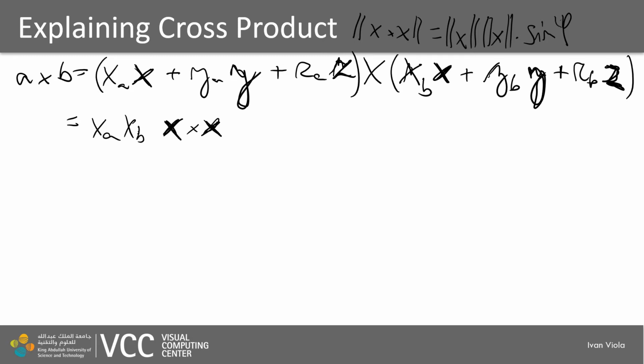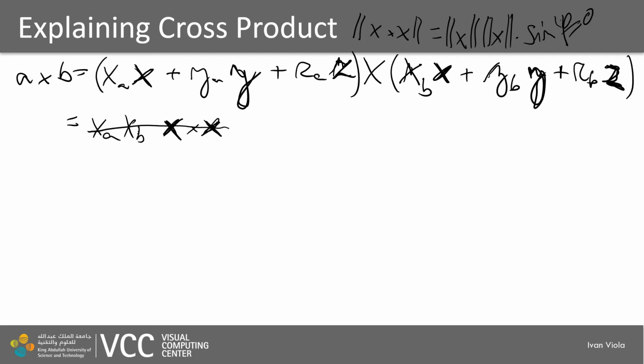Whatever the magnitude of X is, which would be 1 in our basis vector, the sine of a 0 angle is 0. So this is equal to 0. Therefore, this whole term will be 0, and this whole term will be 0 as well.